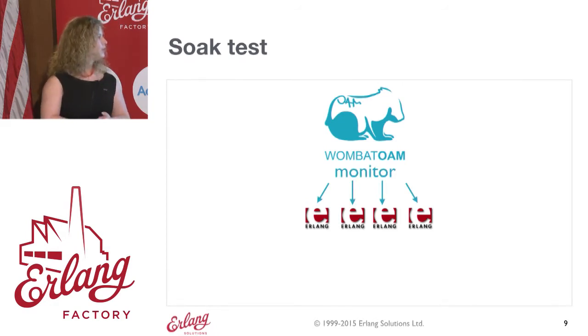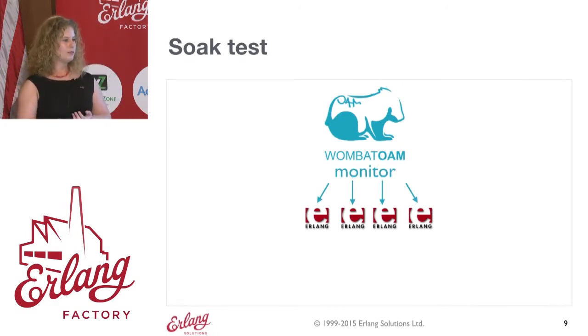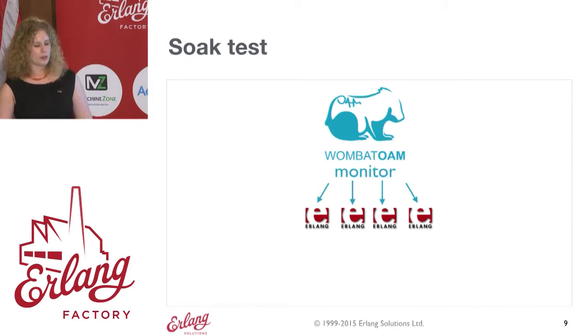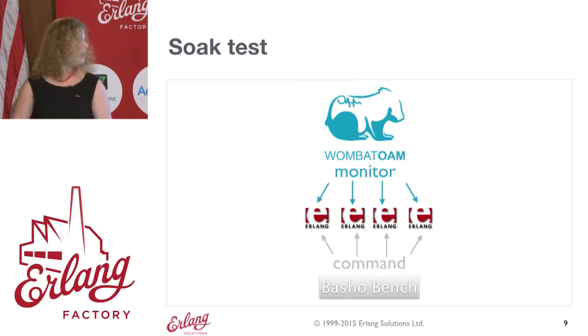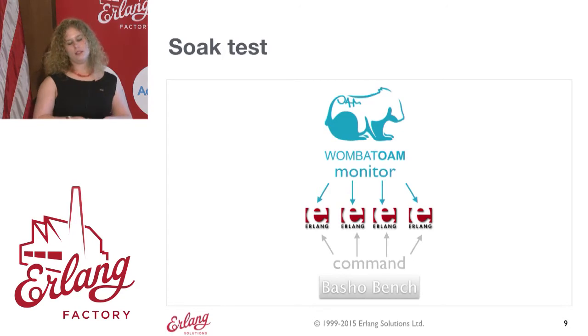And actually, the Erlang nodes should do something that exercises Wombat well. So we employed Basho Bench that commanded the Erlang nodes how to behave. With this approach, these Erlang nodes became the nightmare of Wombat, actually.